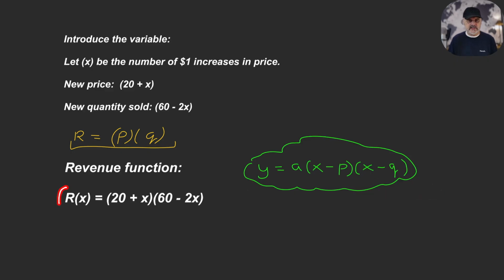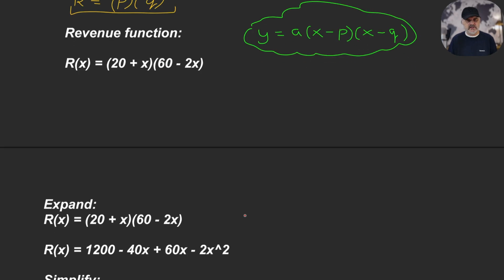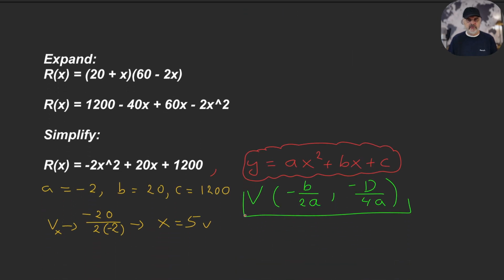You don't have to necessarily use letter R to declare it as your revenue. Letter Y is fine. In fact, any letter of your choice would be just fine. So if you were to expand this quadratic, this product, you would get this expression, right?